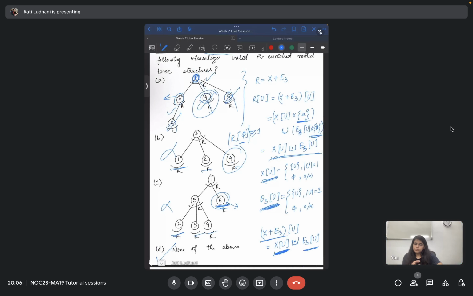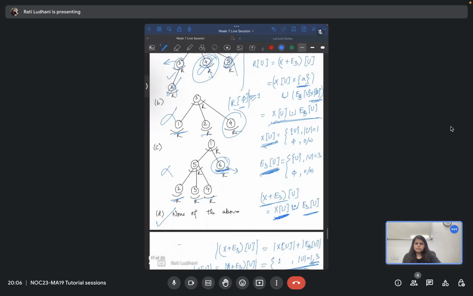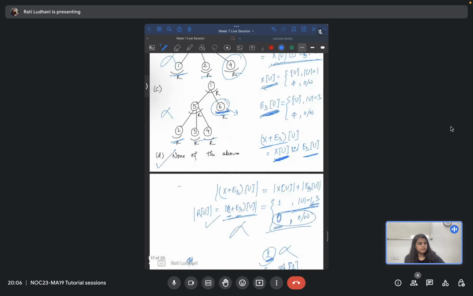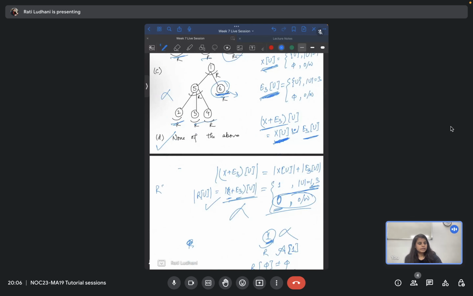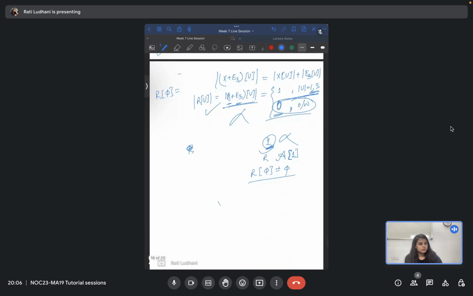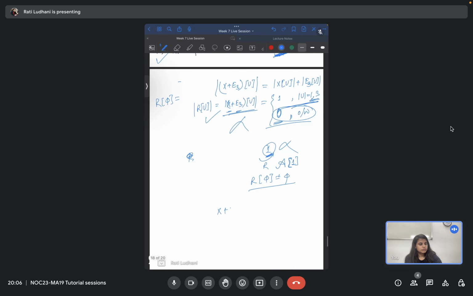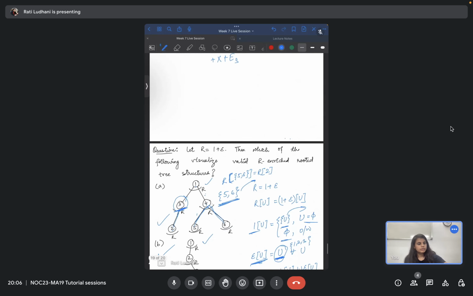Okay. So you just need to check whether a structure exists. Not the cardinality itself, but if there exists one, then it is okay. If there does not, then this is going to be wrong. So for example, in this situation, r of 5, if you want to modify, there is one option. You have x plus e3, right? You add the structure, so for example, in this one we have added 1.